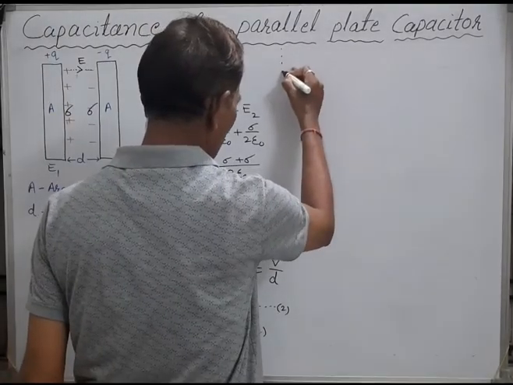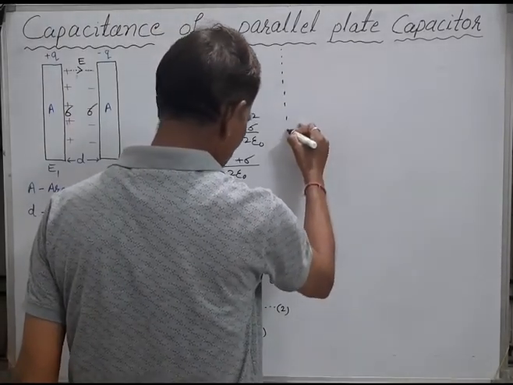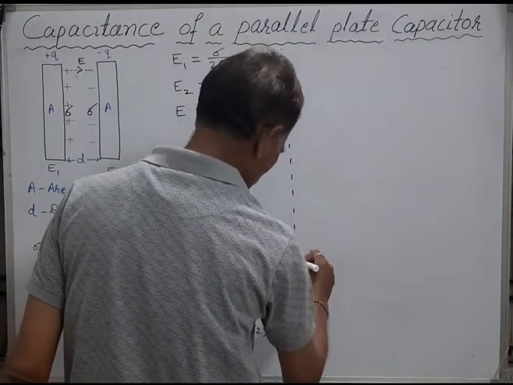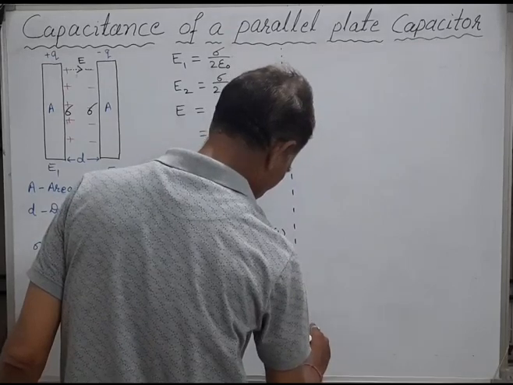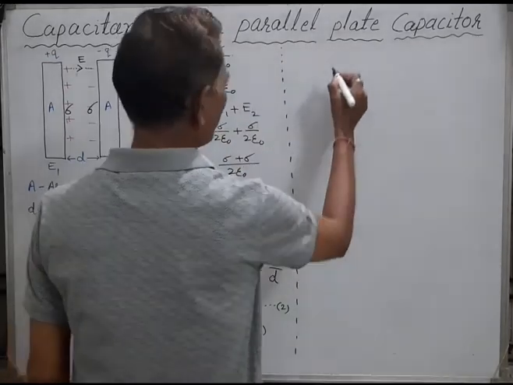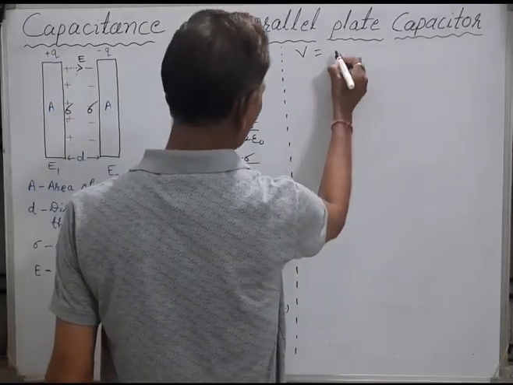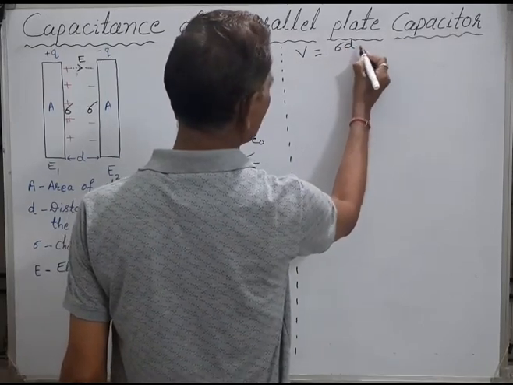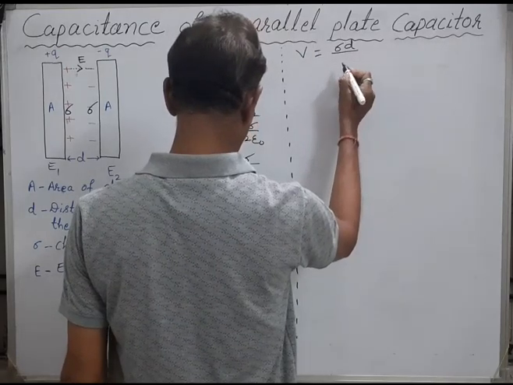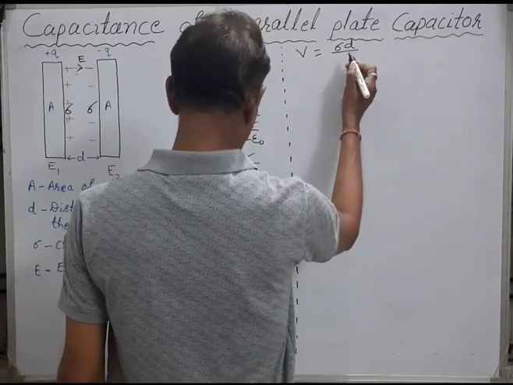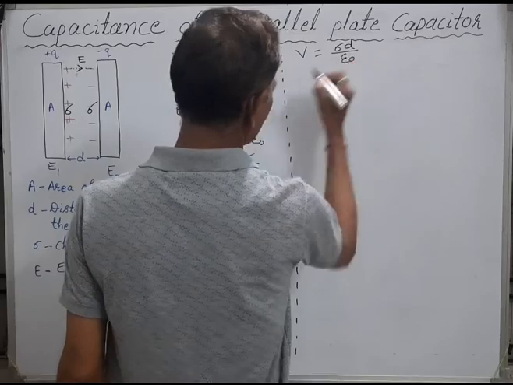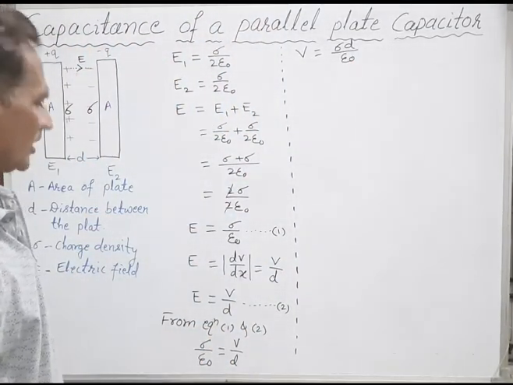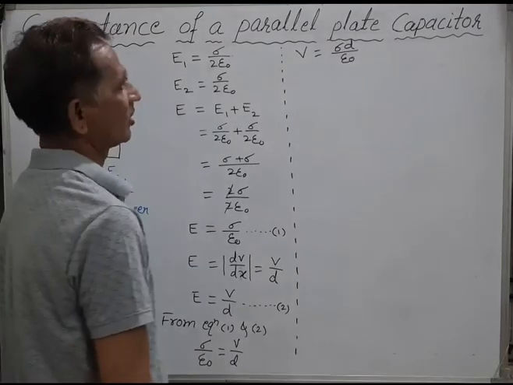Therefore, we can get the potential value V equal to sigma d divided by epsilon naught. This is equation 3.